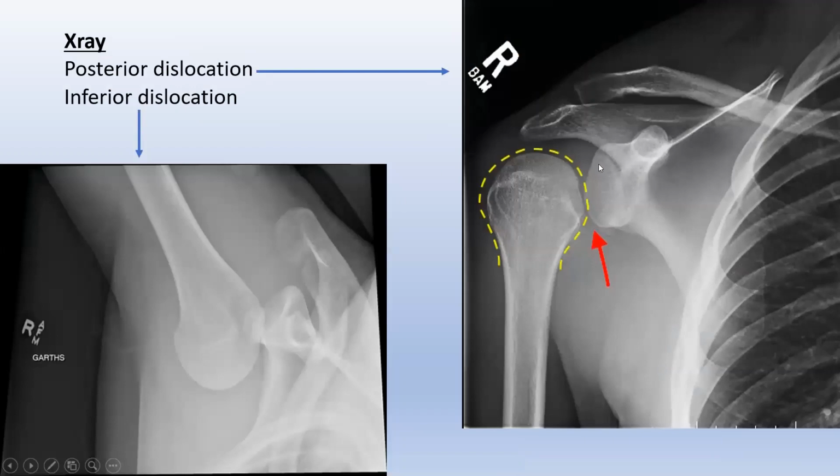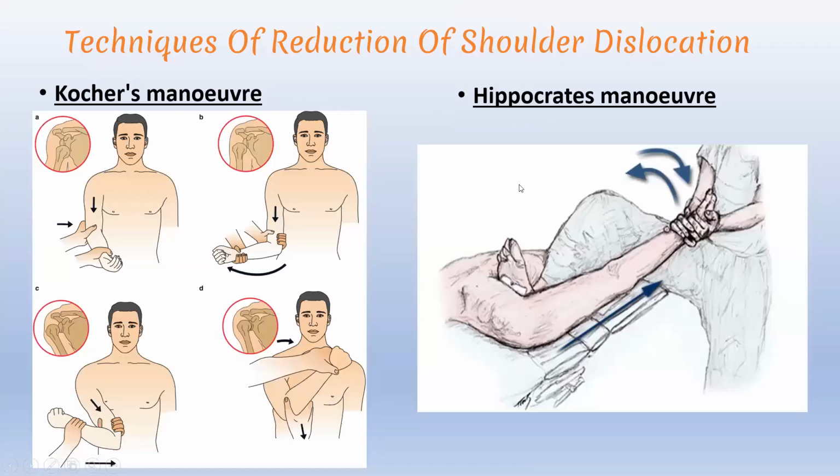Posterior dislocation: this is the glenoid cavity, and the head of the humerus is slightly posterior to the glenoid cavity. So this is posterior dislocation. Inferior dislocation: in this picture, the head of the humerus is slightly inferior to the glenoid cavity, and this is known as inferior dislocation.